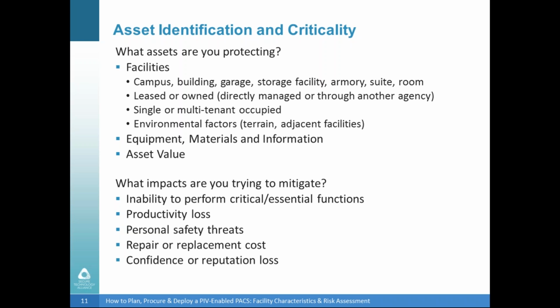Assets can include facilities, equipment, and the agency's workforce. While we focus more on the non-person aspect of this part of the conversation, we begin by first defining what that facility is. A facility may be a single building, a campus of buildings, or a room. Federal facilities are defined as government-leased or owned facilities within the United States and its territories, occupied by federal employees and contractors for non-military activity.